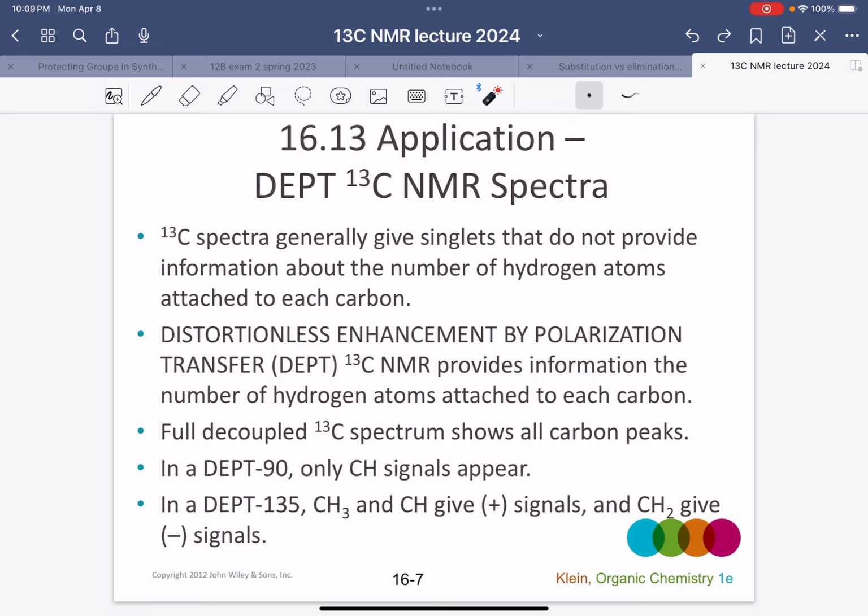So the spectrometer is going to do some stuff to make only certain things appear. So in this case, with DEPT 90, we only get CH signals. And then with DEPT 135, CH3 and CH will give us positive, but CH2 will give us negative signals.